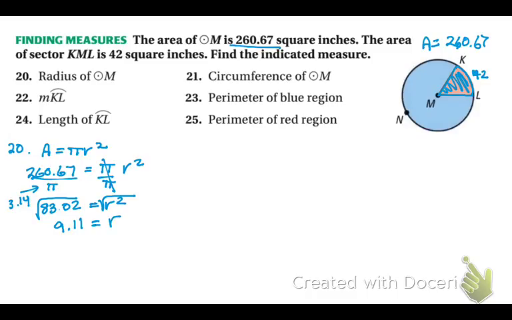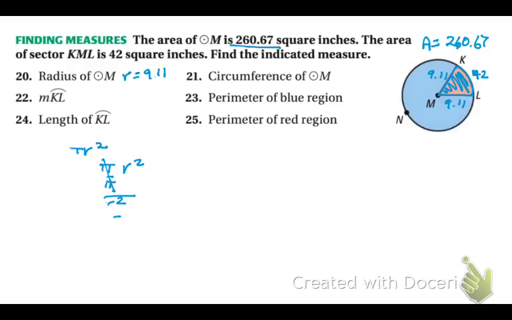So we know our radius here is 9.11, and this one is also 9.11 because all radii are equal. So we're going to write up here r equals 9.11. We've taken our first step. I'm going to erase that. Again, if you need it, go back and copy it.